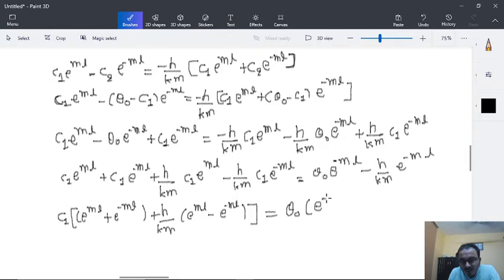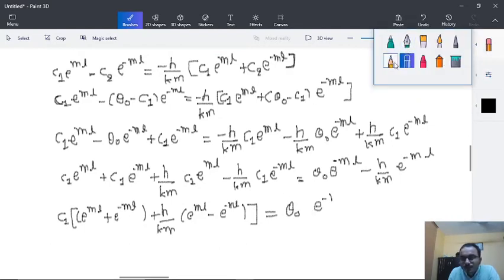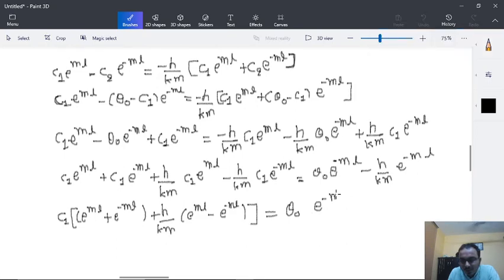Let me erase this: e raised to minus mL into 1 minus h by km.